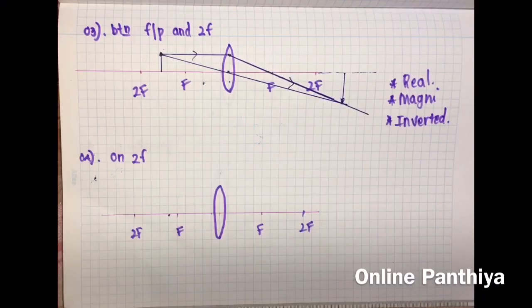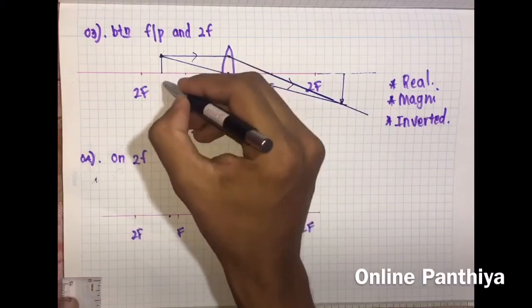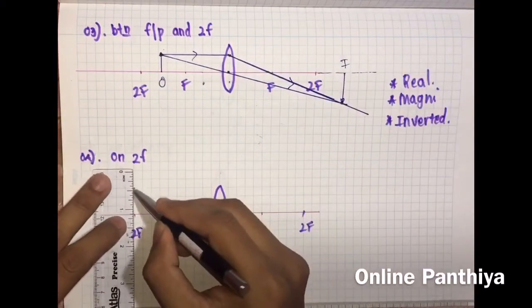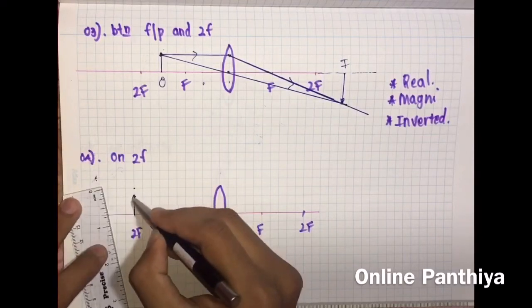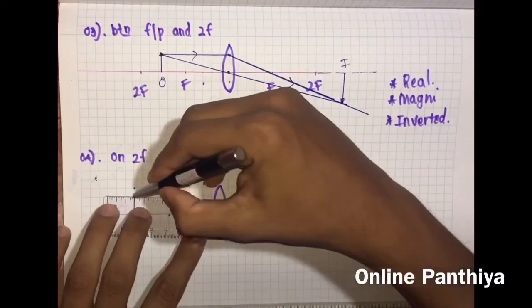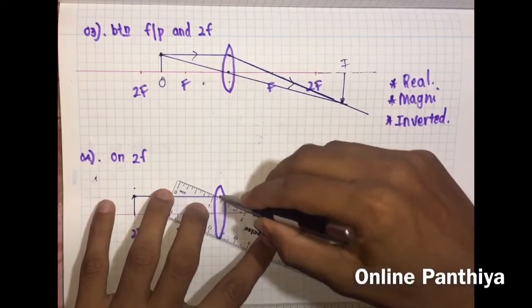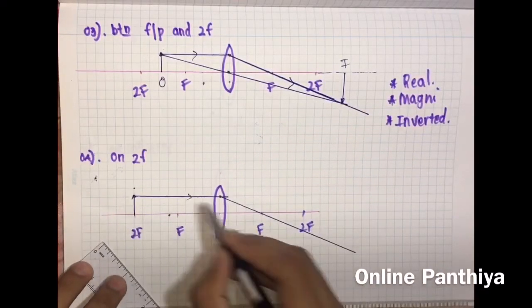What happens to the image formed when you place an object on 2F? This is the object, this is the image. Let us place it at 2F and draw the diagrams first. First you have to draw the parallel one. If you draw the parallel line, it goes through F. One is completed.